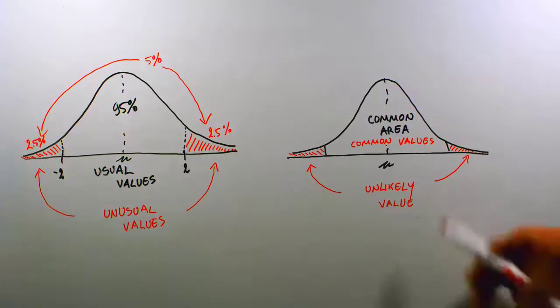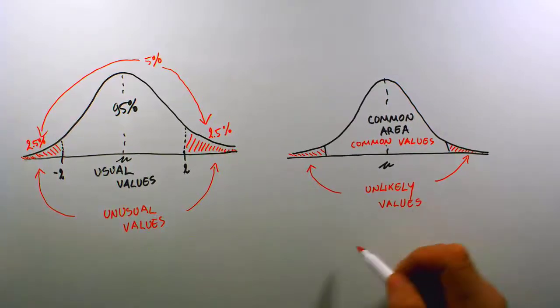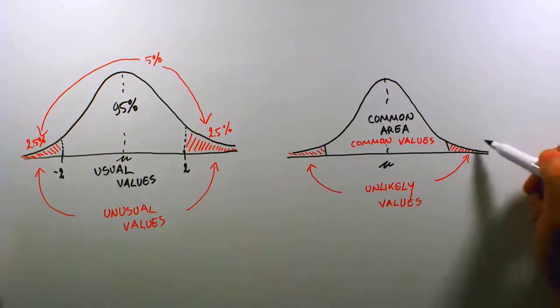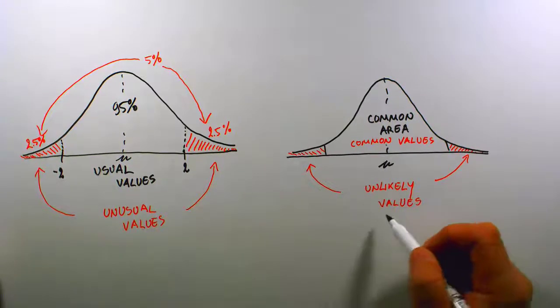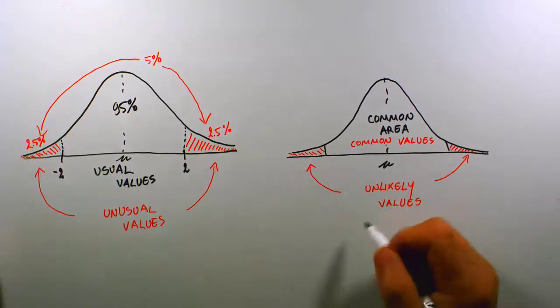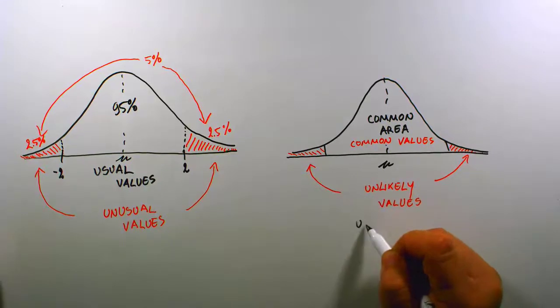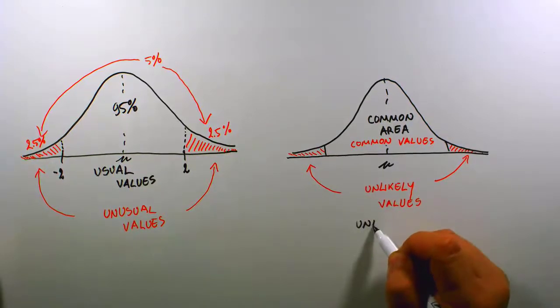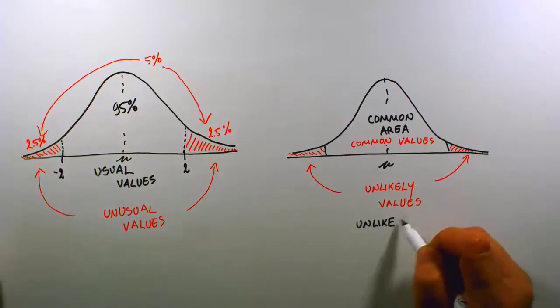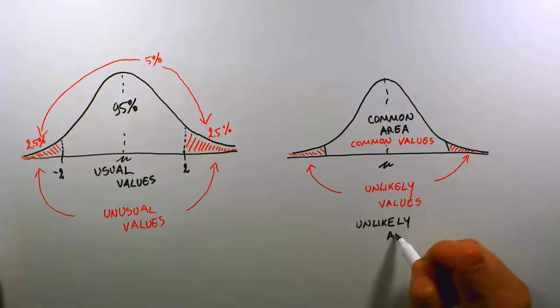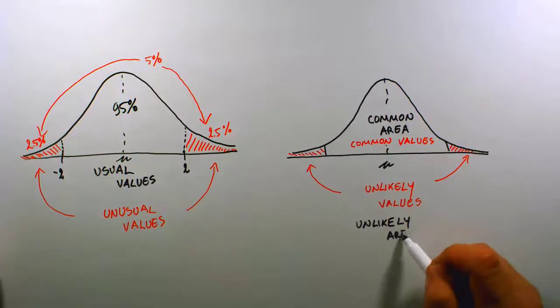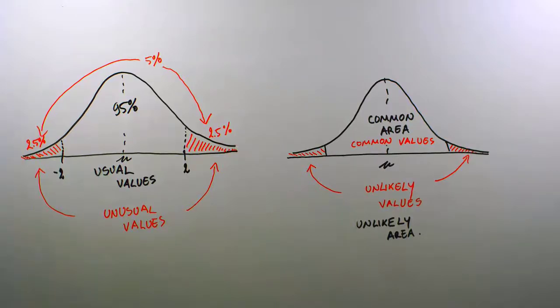And so these unlikely values are at low probabilities. And the area itself, we refer to as the unlikely area, where we have unlikely values.